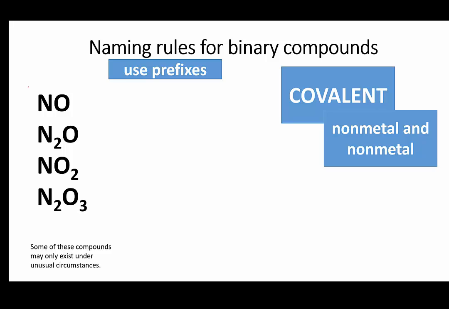So I've placed here a set of hypothetical compounds of nitrogen and oxygen, some of which may only exist briefly under unusual circumstances, but for purposes of illustrating how to name these, I think this will be useful. You don't ever need a prefix if there's only one of the first element, but if there's one of the second element, we always use a prefix.